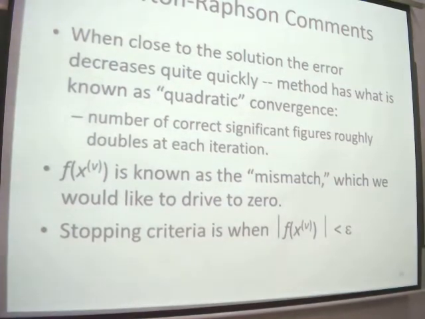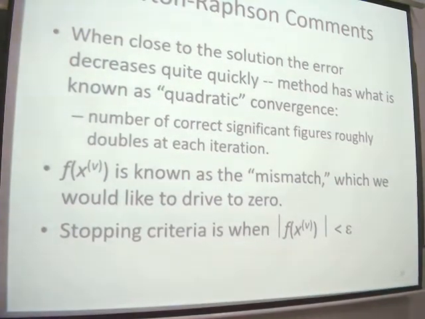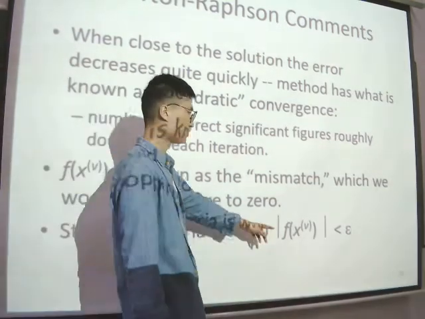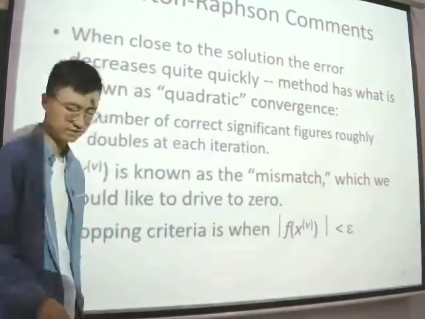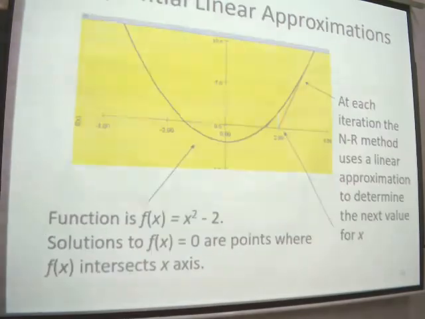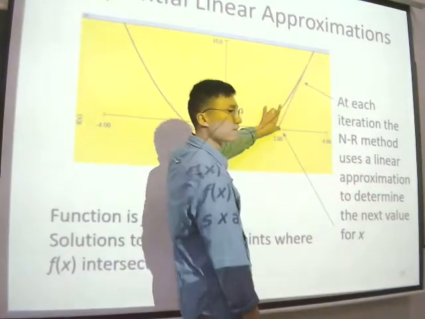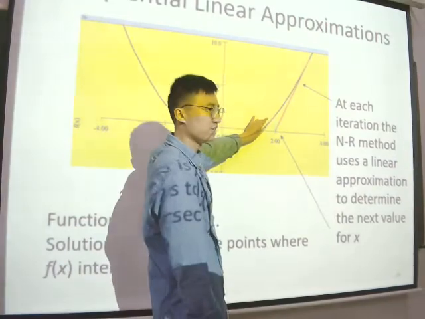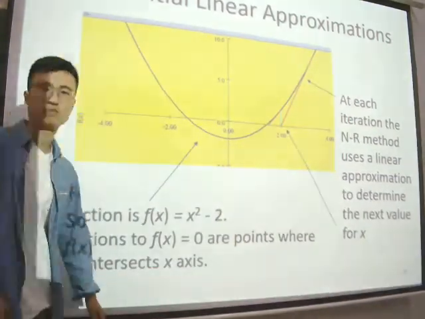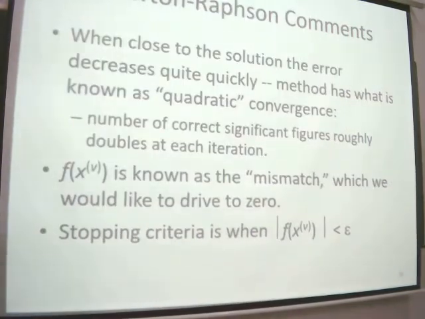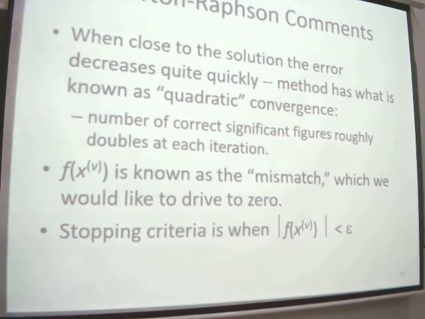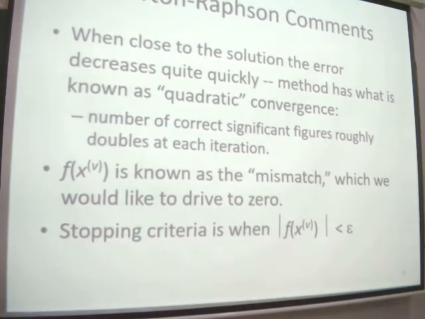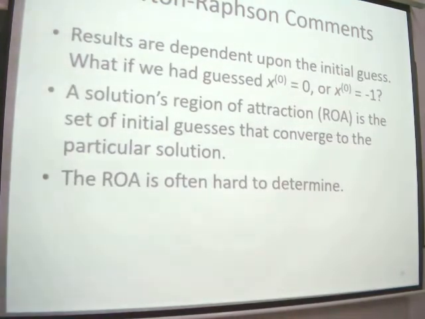So the stopping criteria here is when f(x3) is smaller than epsilon. It means the distance is small enough, and that is your stopping criterion.